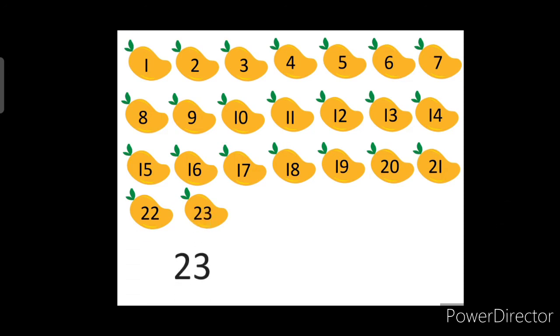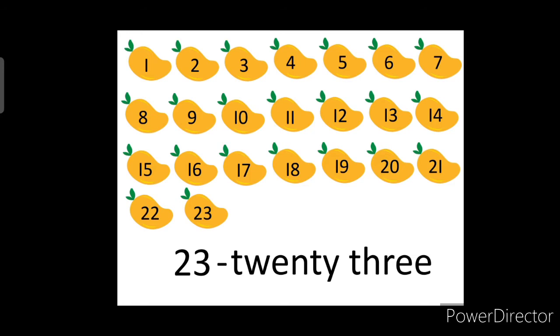So 23 mangoes, and the number name of 23 is twenty, 20, three, 23.